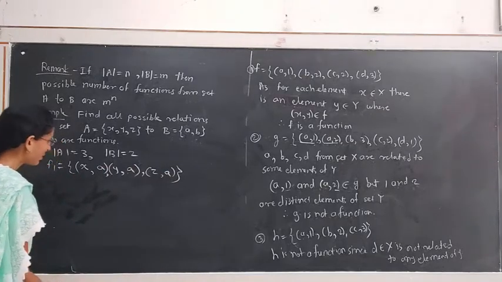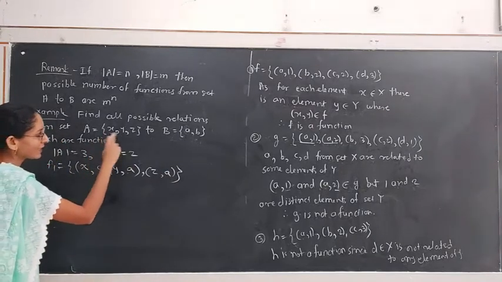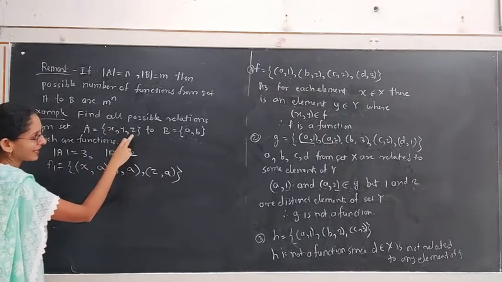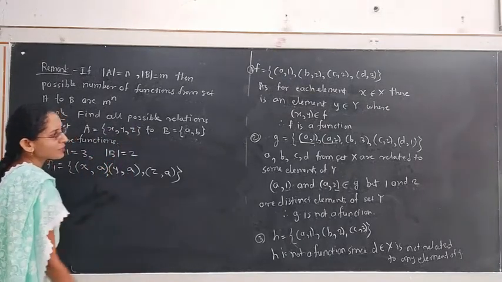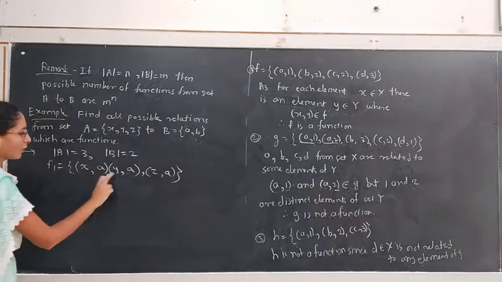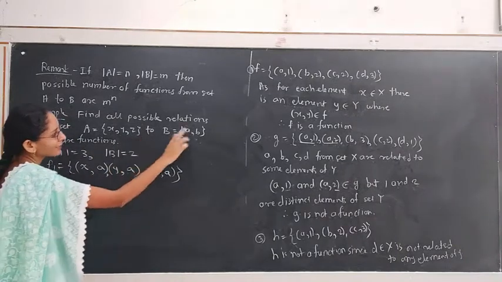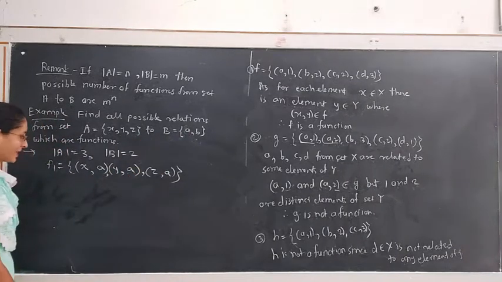It is sufficient that each element of set A is related to some element of set B. Here all these elements of set A are related to one element of set B, that is a.